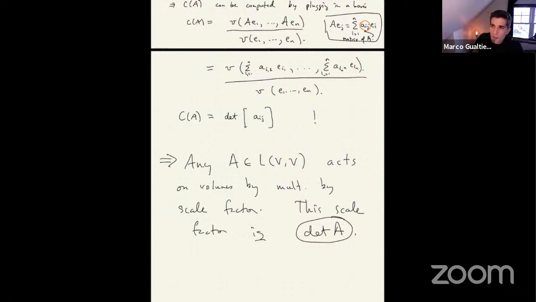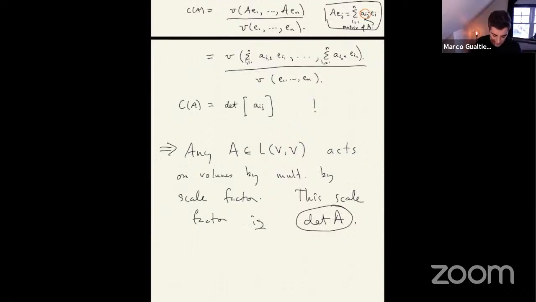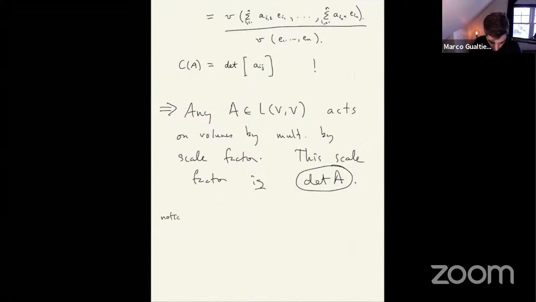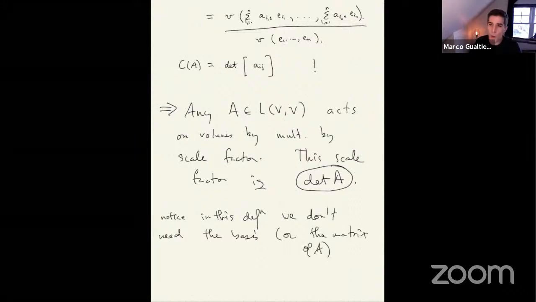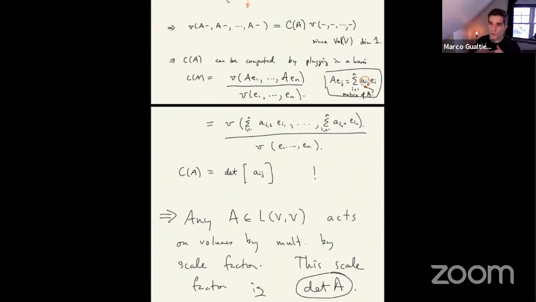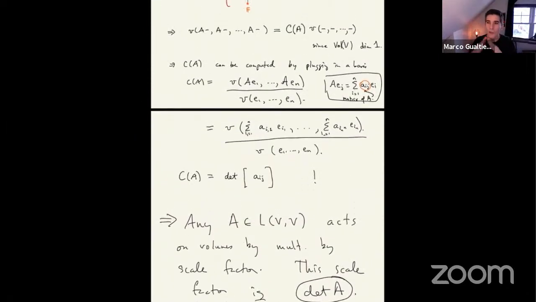Okay, so notice that here the matrix is secondary. In this definition, strictly speaking, we don't need the basis or the matrix of A. This is the cool thing about this definition: we have these things called volumes, a one-dimensional space.